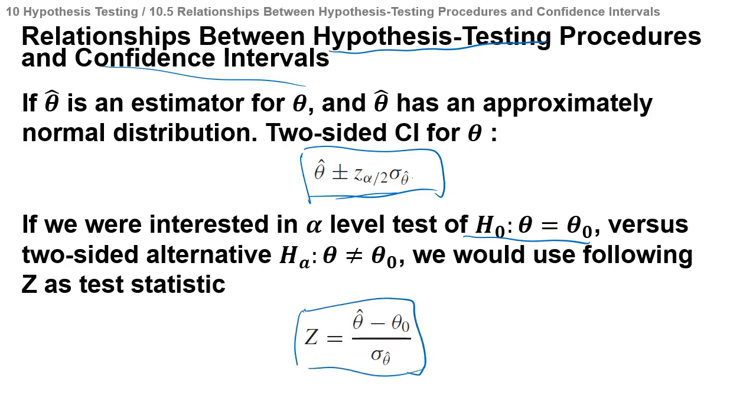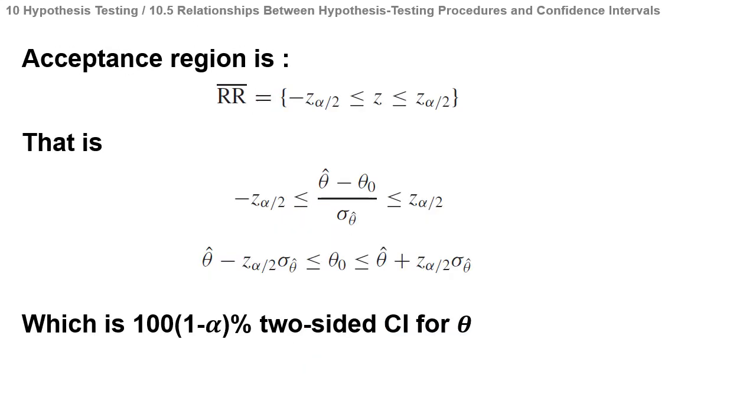From this test statistic, we can derive the rejection region. And the complement of the rejection region, we can write it as this.